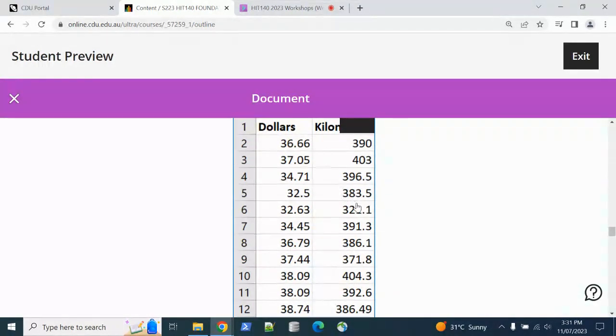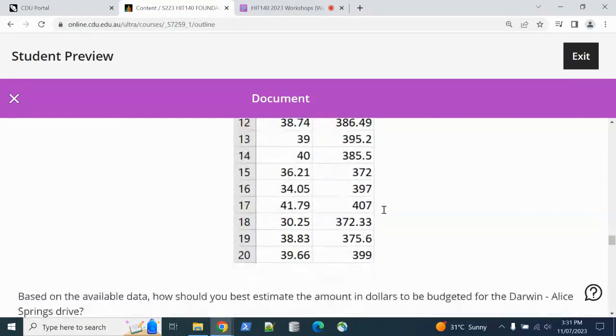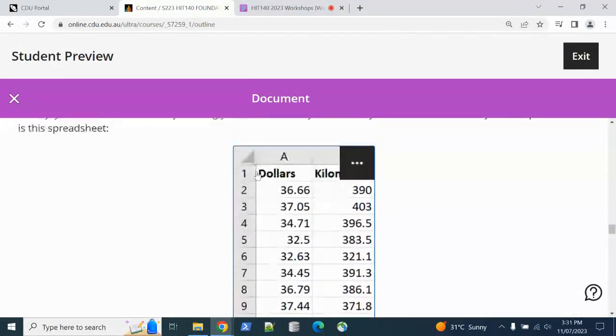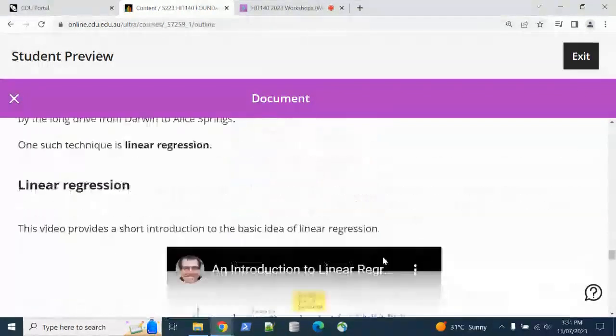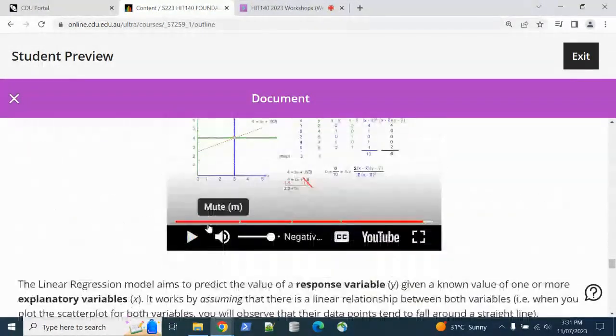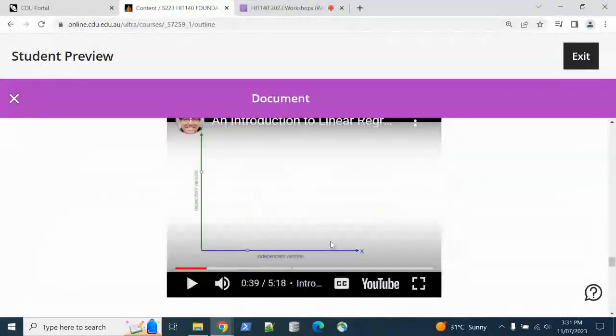Now, in this case, how many observations have we got? 19, yeah? Because the first row is for the header, right? 19. Okay. So if we plot that on the regression chart or on the scatter plot, we call it, similar to the chart that you saw on the video. Okay.